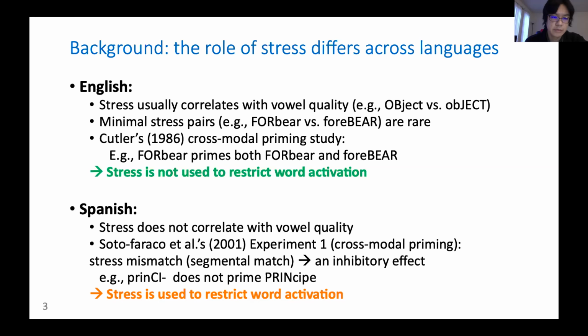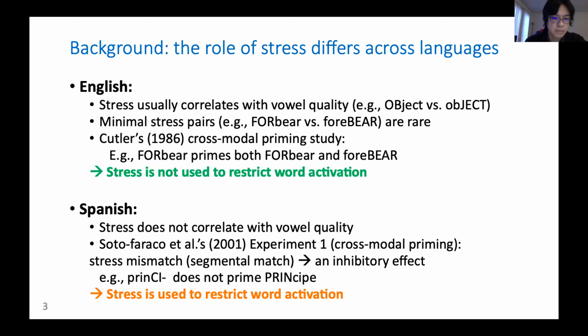The situation is different in Spanish, which is also a stress language, but in Spanish, stress does not correlate with vowel quality. Soto-Ferrari et al. conducted a series of experiments, and in their experiment 1, they revealed that when primes and targets are matched segmentally but mismatched in terms of stress, they observed an inhibitory effect on the lexical decision of the target.